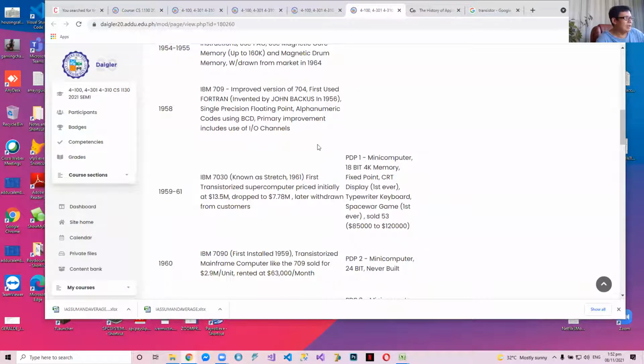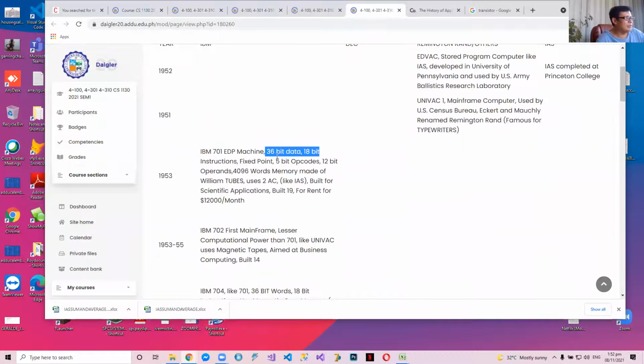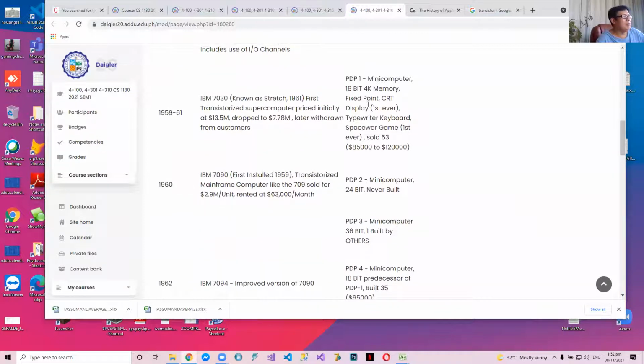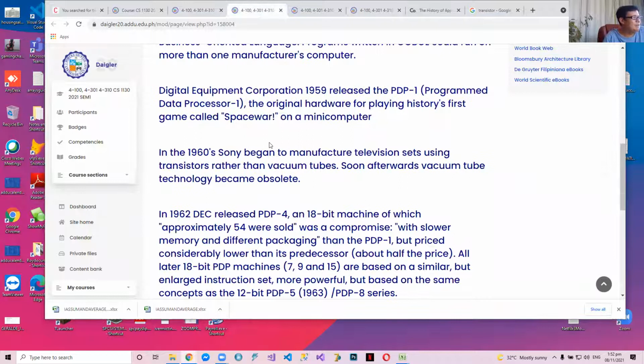By 1956, it's already the second generation of computers, transistorized, which means they are made of transistors. So these are the popular computers. You have the DEC PDP-1.